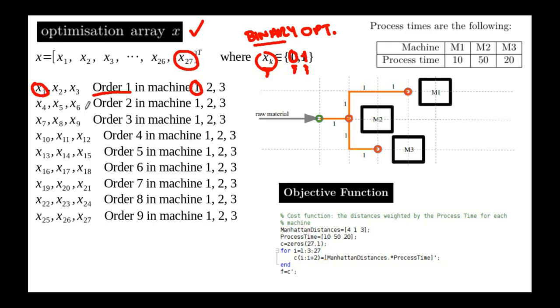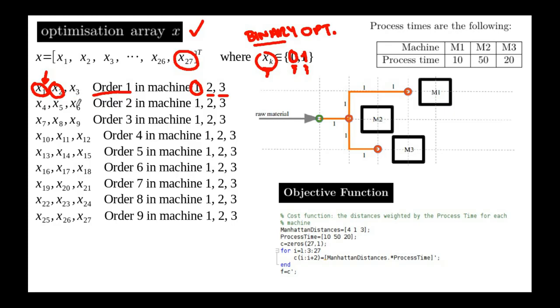But now we must define a variable that means if order number 1 will be processed in machine number 1. So if we proceed according to this sentence, x2 is order 1 being processed in machine number 2. x3, order 1 in machine number 3.